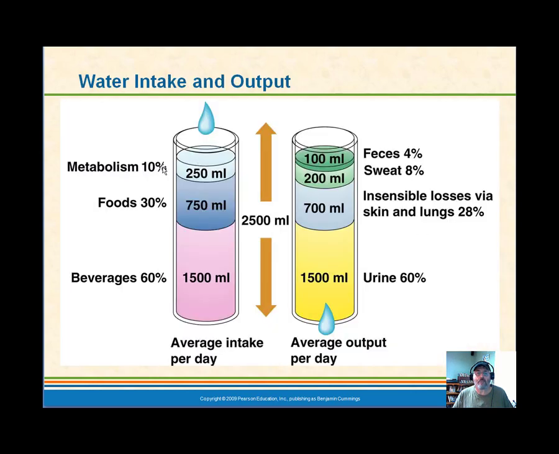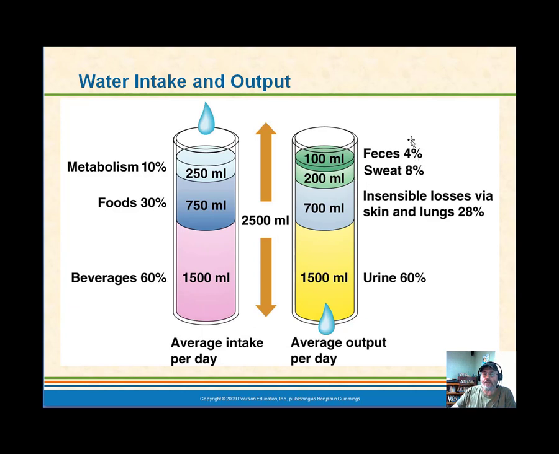So metabolism, in terms of developing water intake: about 10% of the water that we get in our bodies comes from metabolic processes. Foods make up about 30%, and beverages make up about 60%, or about 1,500 milliliters per day.